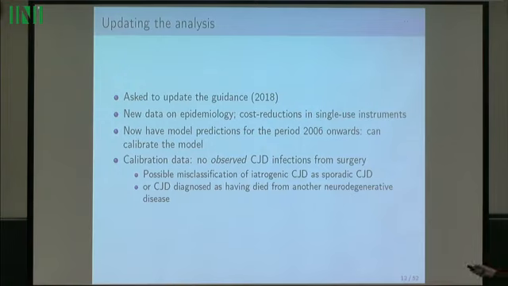And it's possible that you misclassify that as a sporadic case, which is these just things that happen naturally, of the order of about 100 cases a year or so. And it's also possible, particularly in more elderly patients, that someone who's died from CJD is actually diagnosed as dying from another neurodegenerative disease. Okay? So although there are no observed cases, you can't be certain of this.